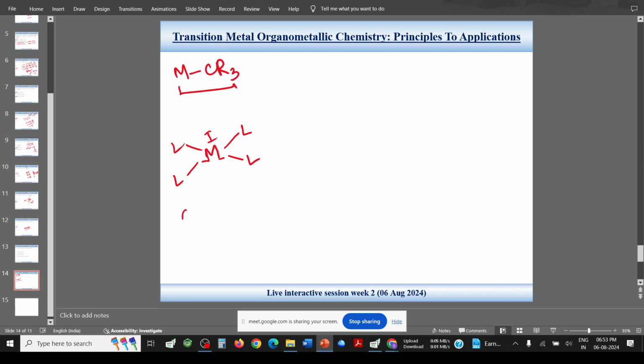So here the oxidation number is 1 and the coordination number is 4, right?